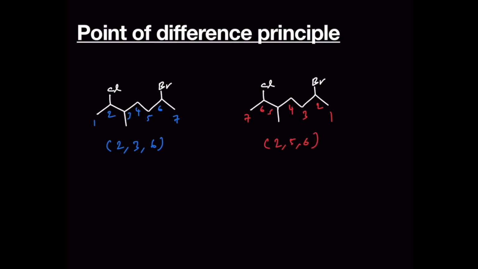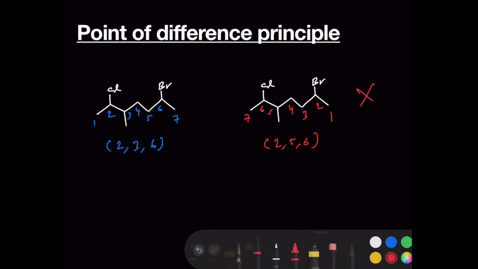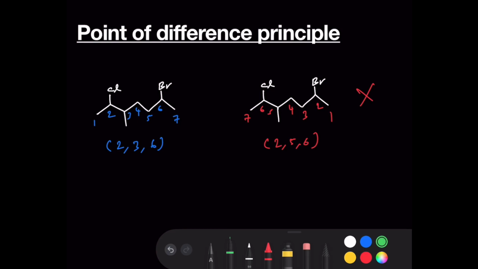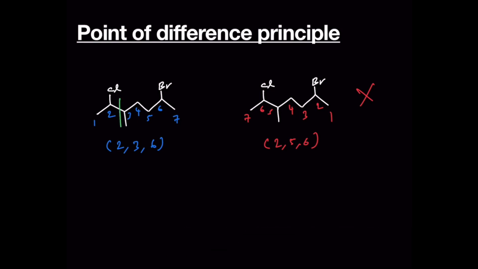Just like the previous example, can we decide this one as correct? No, this is not correct. This is incorrect. Why? Because the methyl group comes at 3 position, and that makes the point of difference here. Remember, alphabetical order is important, but what is more important is whether you are following rule number 2 or not.